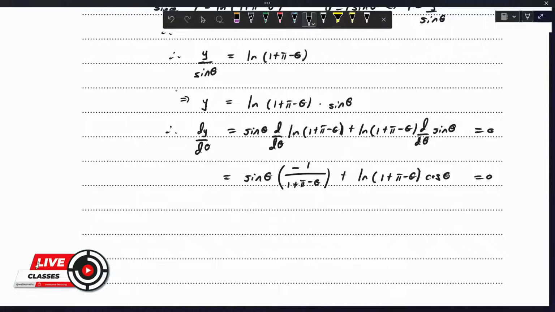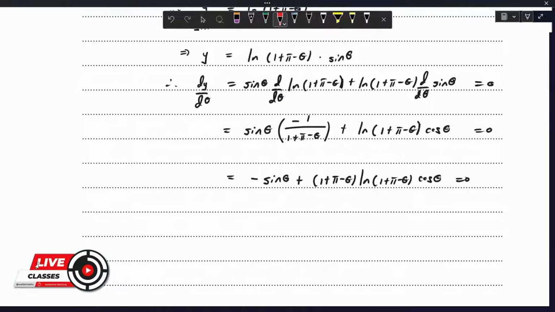Now we're going to multiply both sides by 1 plus pi minus theta, all the terms. So we will be having minus of sine theta plus 1 plus pi minus theta of ln of 1 plus pi minus theta cos theta equal to 0. And we're going to divide all the terms by cos theta.